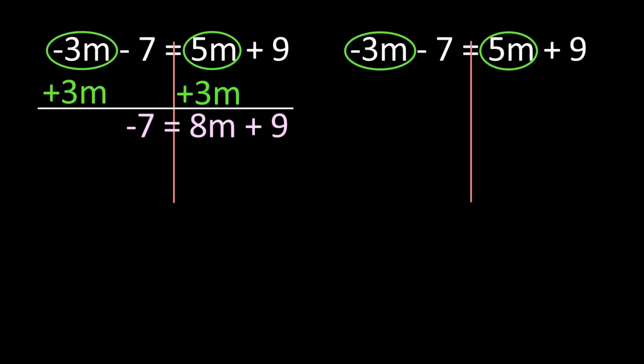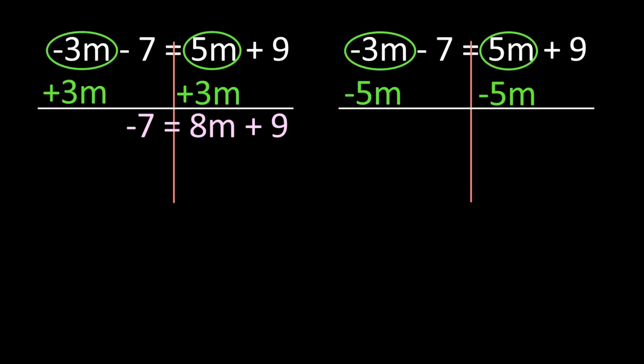Well, your other option is to put your variable on the left-hand side of the equation, which means that 5m that we have, we want to do the inverse, which is to subtract 5m. If I subtract 5m from the right, I'll need to subtract 5m from the left.